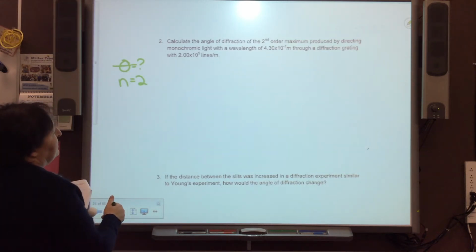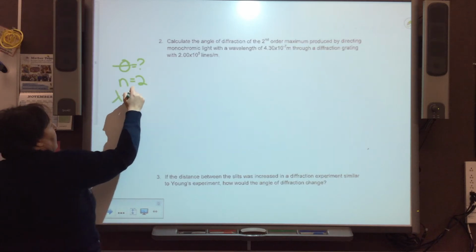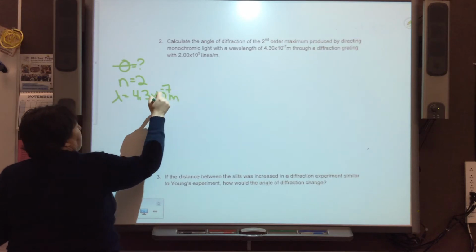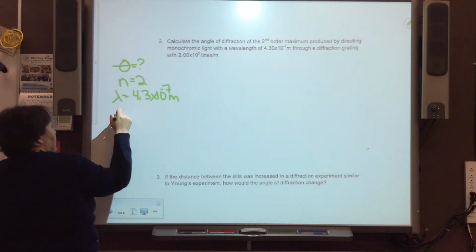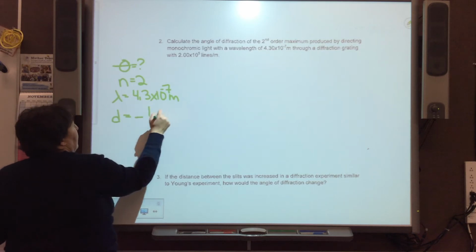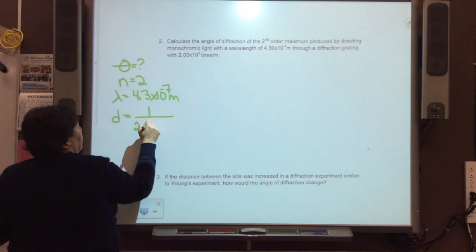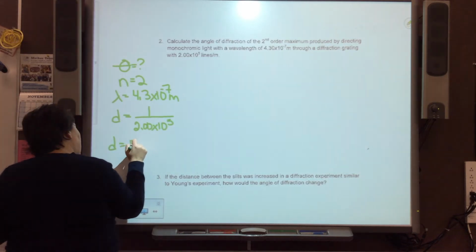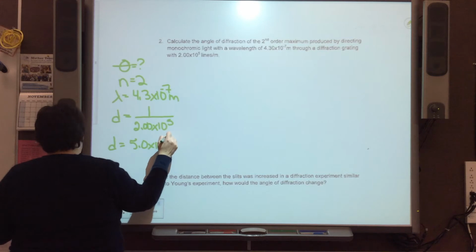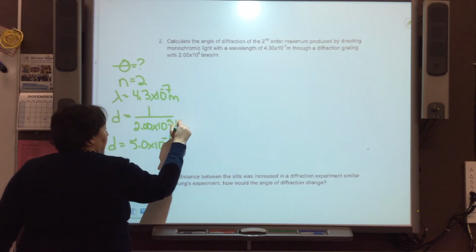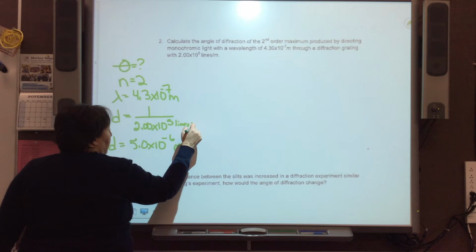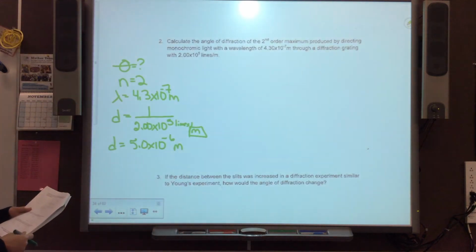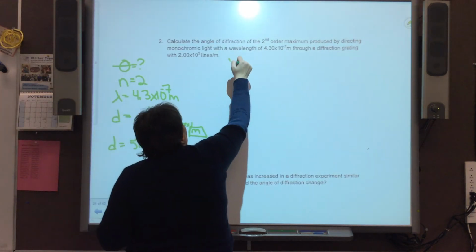Okay, it's giving us n equals 2. It says that it has a wavelength 4.3 times 10 to the negative 7 meters, and that the distance is equal to 1 over 2.00 times 10 to the 5, which means that d is equal to 5.0 times 10 to the negative 6 meters. This is lines per meter. So we're looking for this unit here. Okay? Formula here.